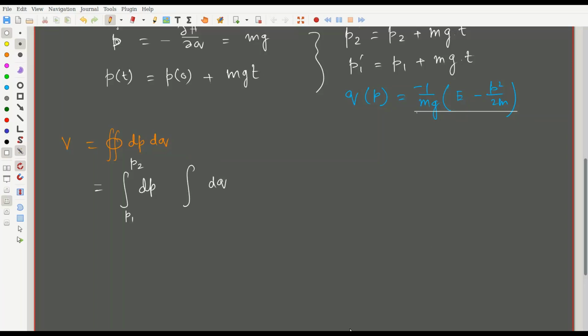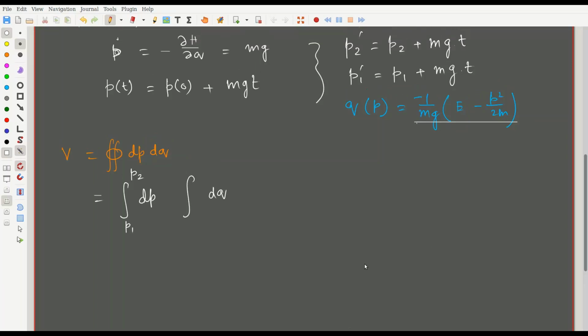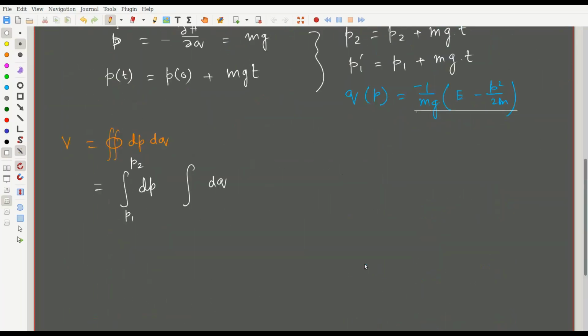For people who are not initiated, the area looks like this: this is your e1 and this is your e2 surface. You take an intermediate value of p and find the area of the thin strip. The height of this so-called rectangle is dp.